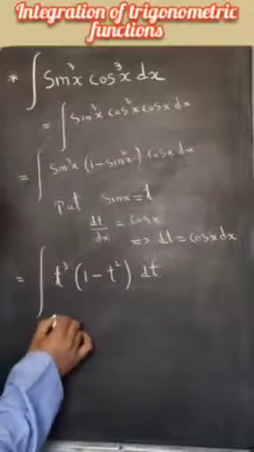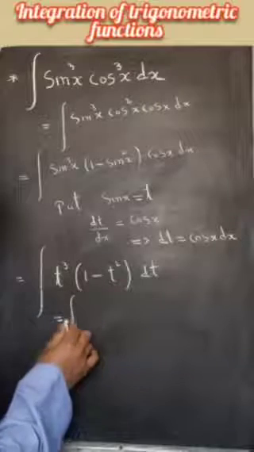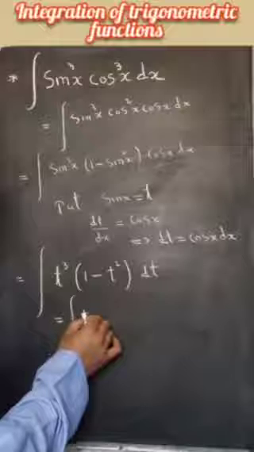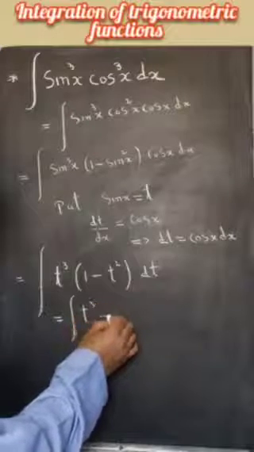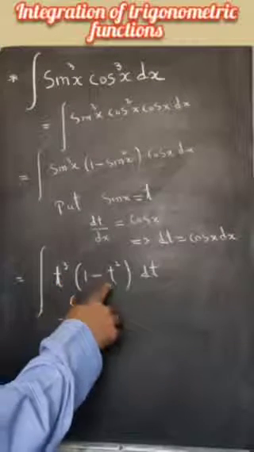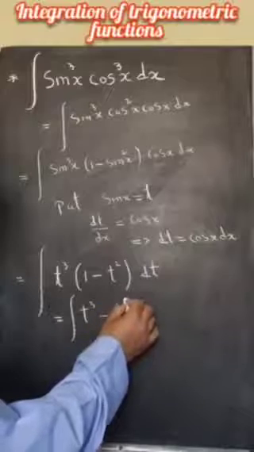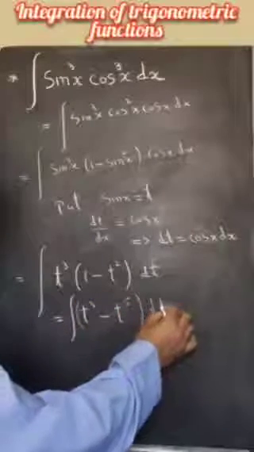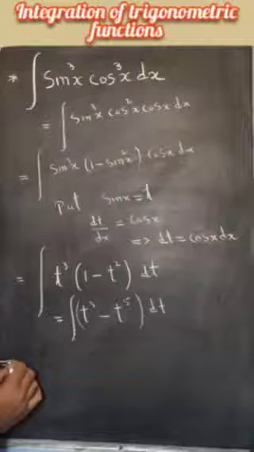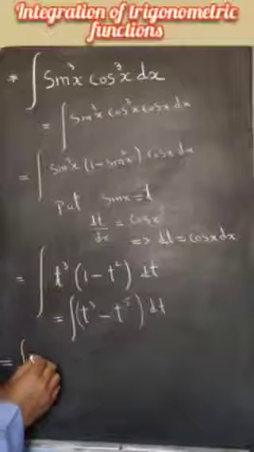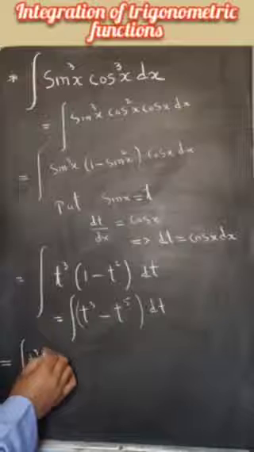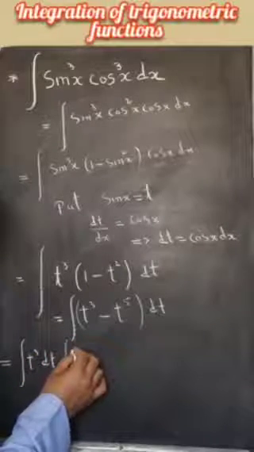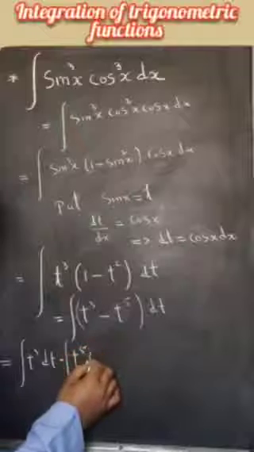That is further equal to integral t cube into 1, that is t cube, minus t cube into t square, that is t raised to power 5, dt, or that is equal to integral t cube dt minus integral t raised to power 5 dt.